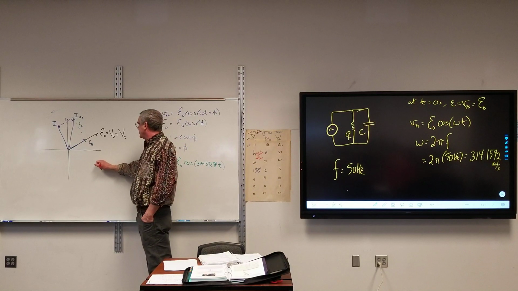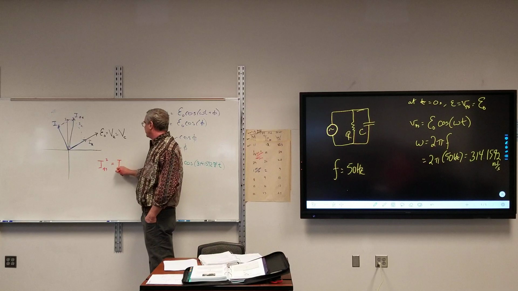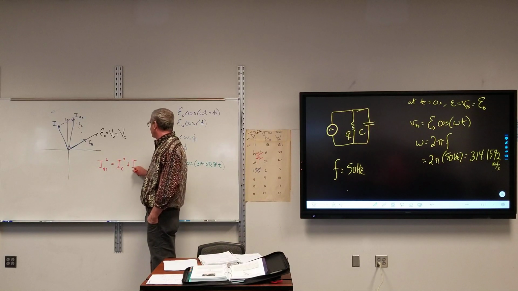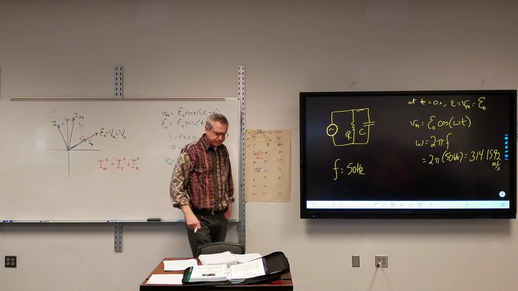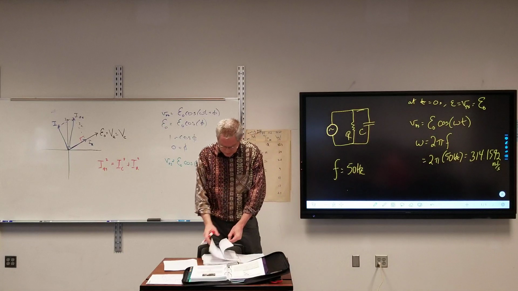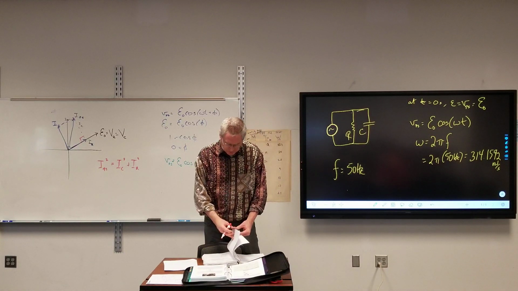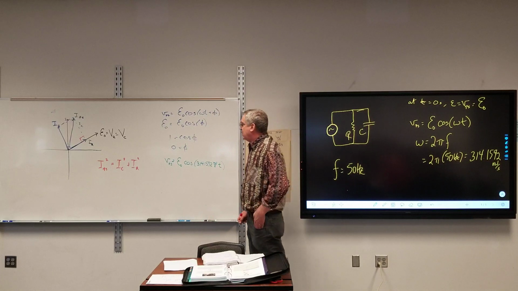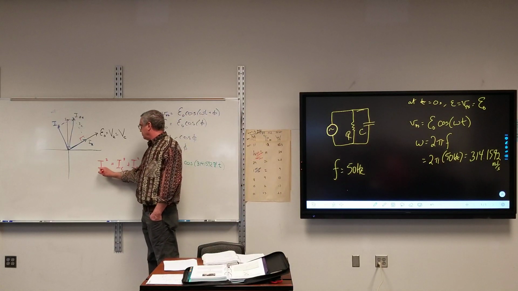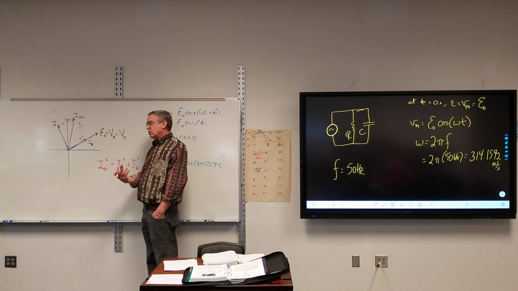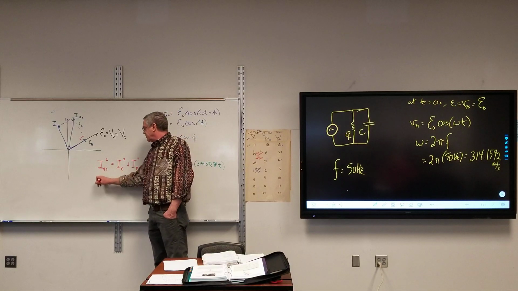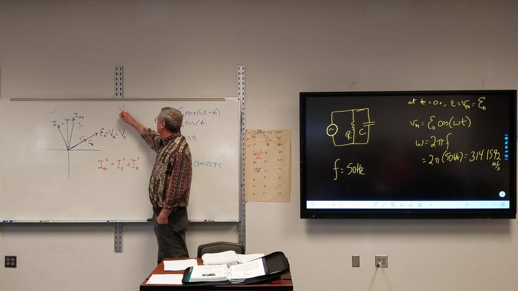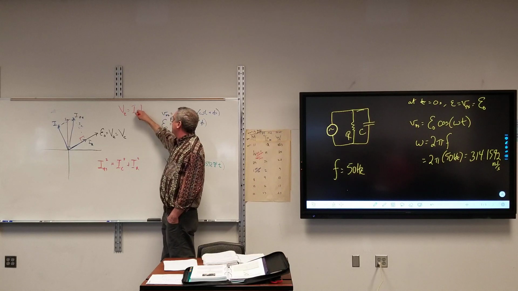So I know that the current for the power supply squared equals the current from the capacitor squared plus the current from the resistance squared. And I know that because I got a right triangle right here and I just did the Pythagorean theorem. I know there's Ohm's law variations for each of these, because I know that V equals IR.